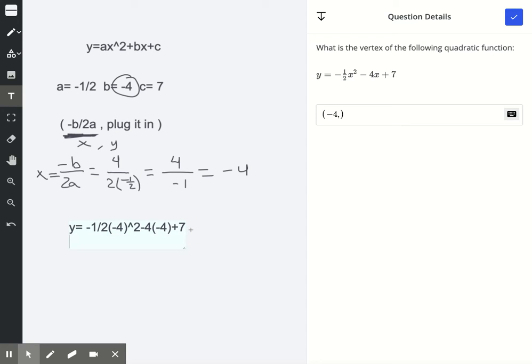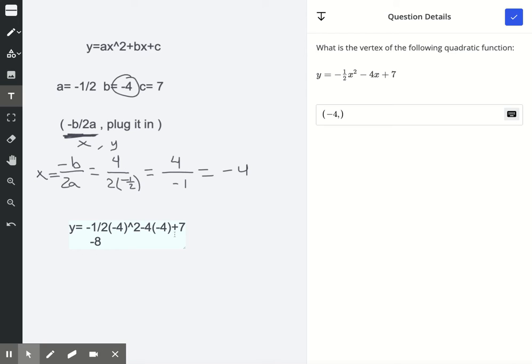Now, our hint to you is if you know you're doing it right, this first term and this second term, there's a pattern. Let me remind you of that pattern. Well, let's just do this and see what the pattern is. Negative 4 times negative 4 is positive 16. Half of that is 8, negative 8.